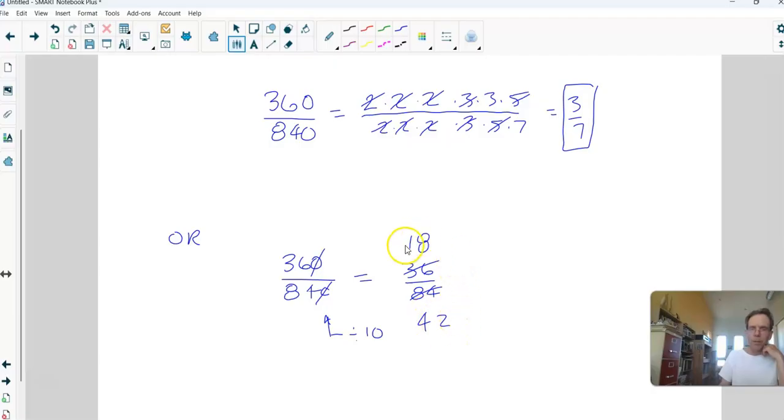Oh, they're still even. Okay, divide by 2 again. That gives 9 over 21. Okay, it's not divisible by 2 anymore, but it's divisible by 3. So divide by 3. 9 divided by 3 is 3. 21 divided by 3 is 7. Well, those are prime numbers. There's no common factor. 3/7. Done.